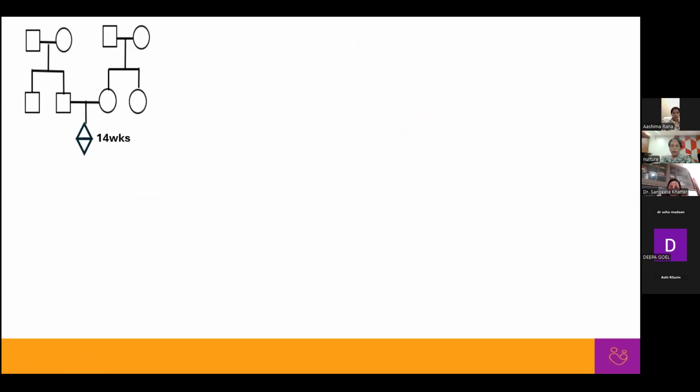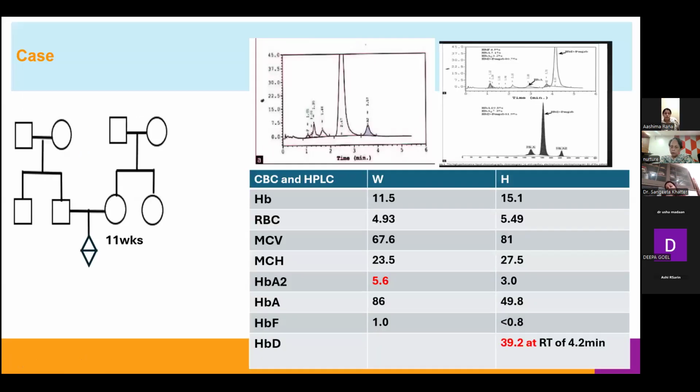Now, if both the couple are HbD Punjab, then also no consequences, ma'am. I think HbD Punjab is a structural variant of the HBB gene only, and that usually doesn't cause any consequences because, as you can see, the heterozygous husband is also having a normal CBC profile.